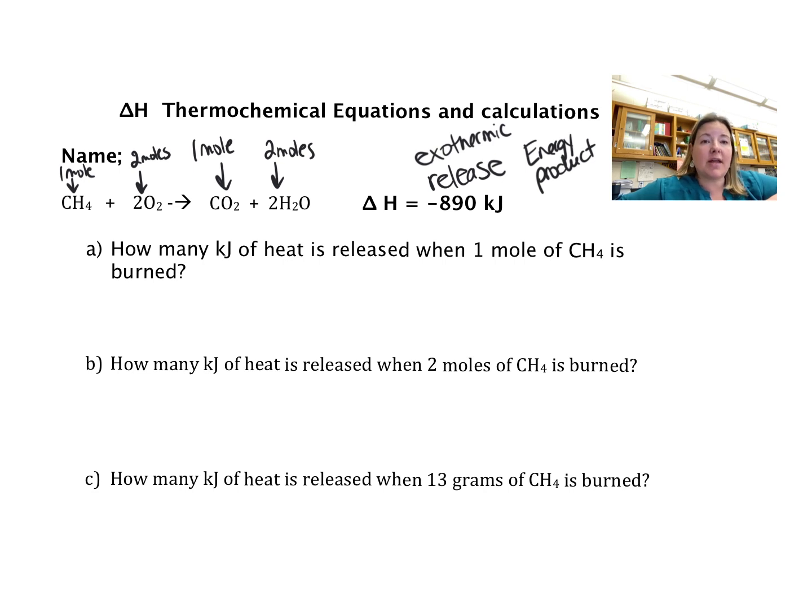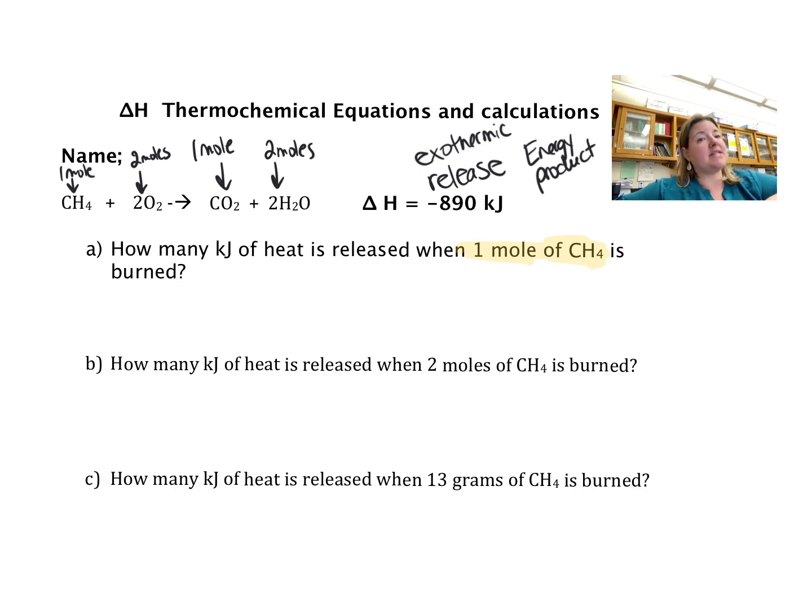So the first question, letter A, says how many kilojoules of heat is released when 1 mole of CH4 is burned? Well, the balanced equation tells us how many moles are going to make how much energy. So if I look at CH4, I see there's no coefficient in front of it. So that means that for this balanced reaction, 1 mole of CH4 will produce that 890 kilojoules of energy.